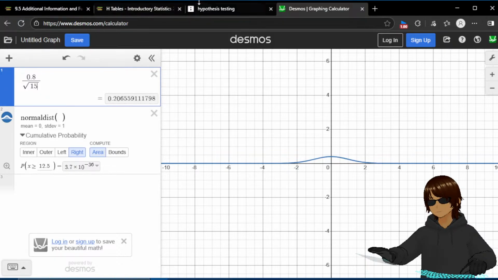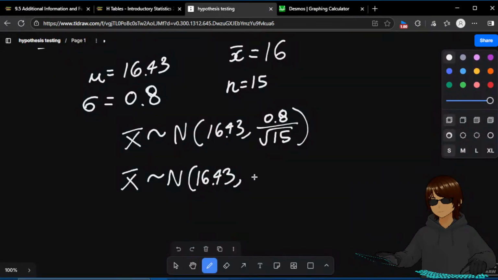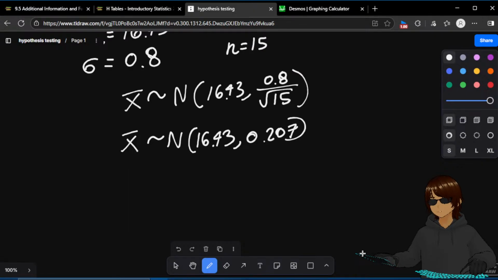That gives 0.207. Now let's figure out the z-score.